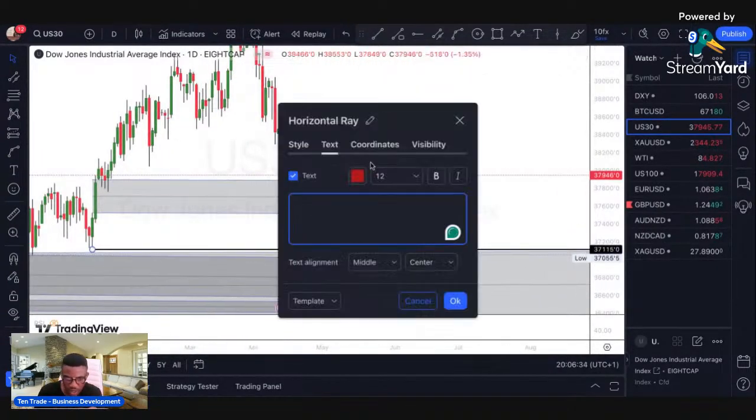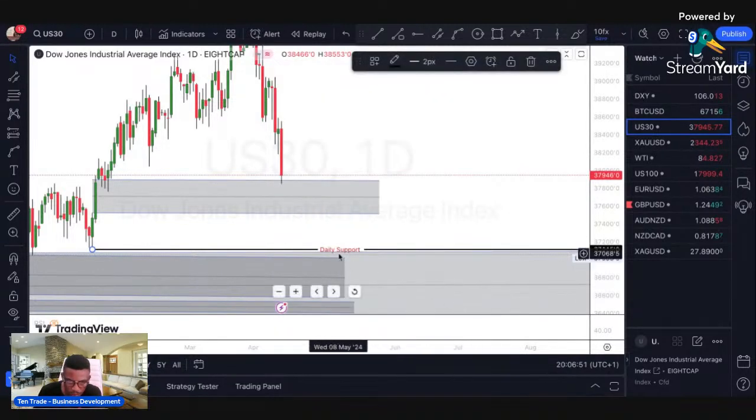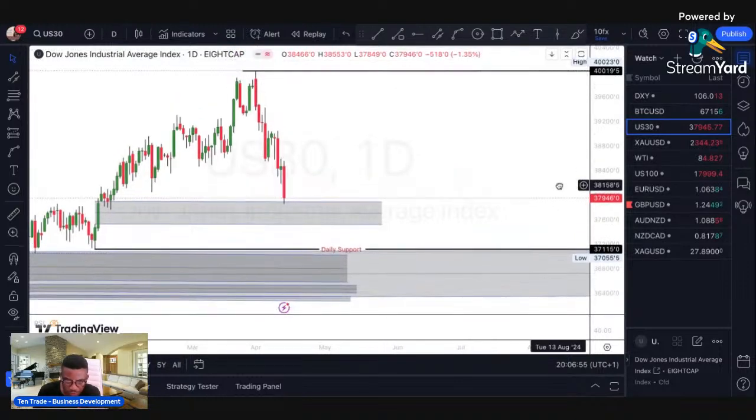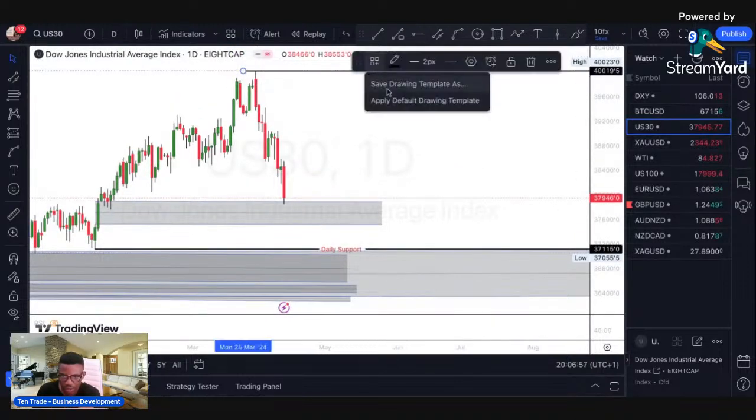So let me write it here. Daily support. Nicely. Once daily support is broken, this is weekly resistance.